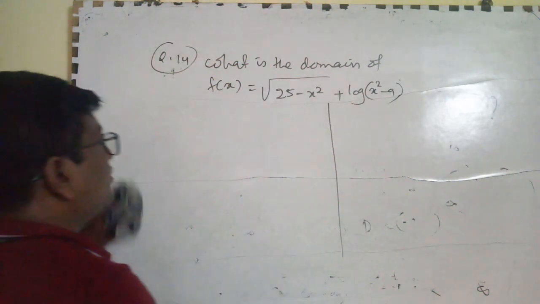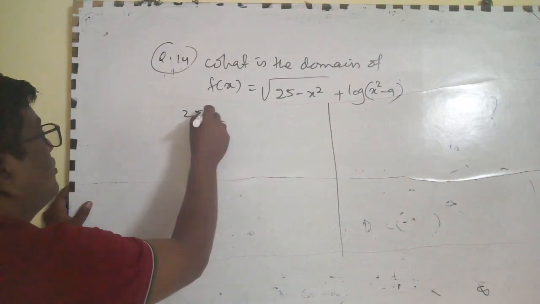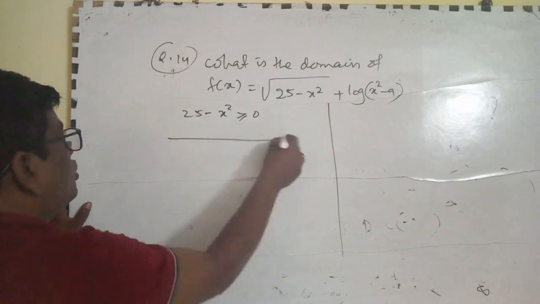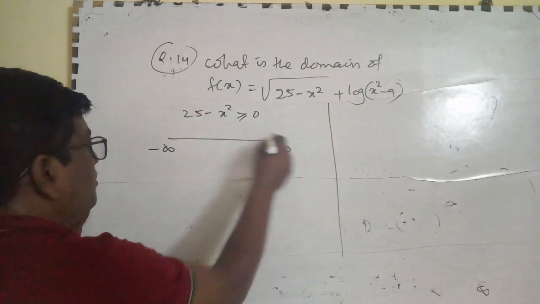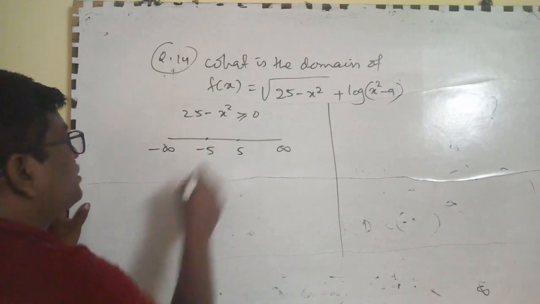Same thing repeated here. Defined here, that is 25 minus x square greater than or equal to 0. Draw number line minus infinity to plus infinity, and this is minus 5 and this is plus 5.